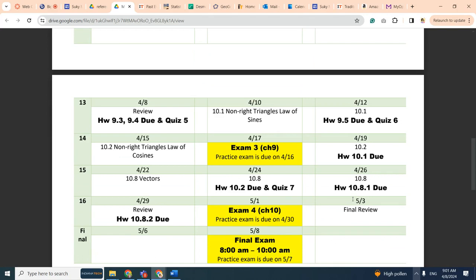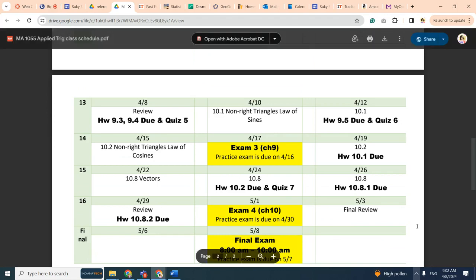We have 4 chapter exams and 1 final. We're not dropping the lowest; the final exam cannot be dropped. If your final exam score is higher than one of the chapter exam scores, then it can replace the lowest chapter exam score. Is that clear, everybody?